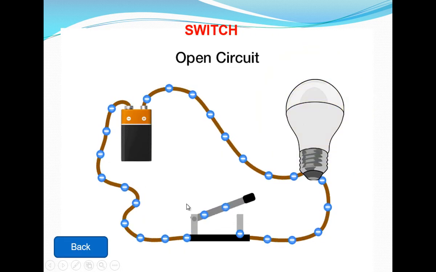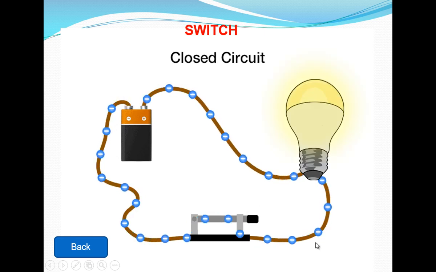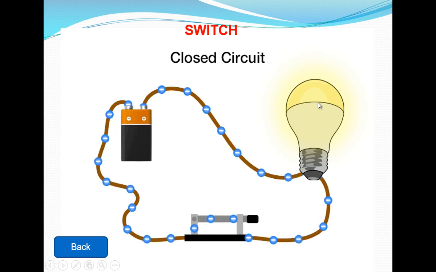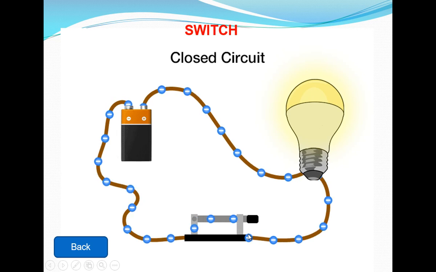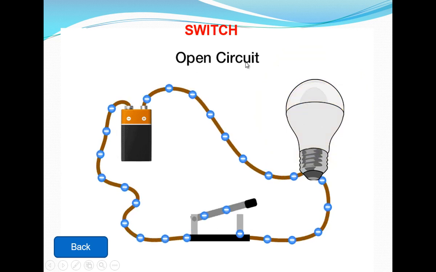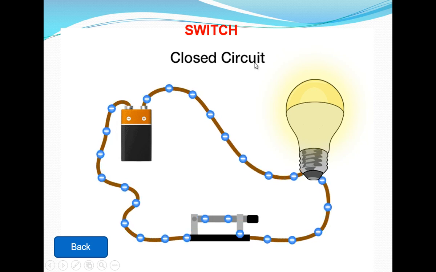As you see, when the switch is open, the current doesn't flow. There is no electricity, and the lamp turns off. But when it is connected, the circuit is closed. If the circuit is opened, the circuit doesn't work. If it's closed, then it works.